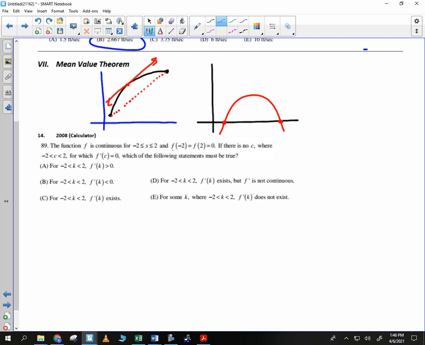If it passes through 0, what's the average rate of change from 0 to 0? Does it increase at all? So the average rate of change is 0. It says that there has to be a spot where the derivative is 0. So those are the two ideas.